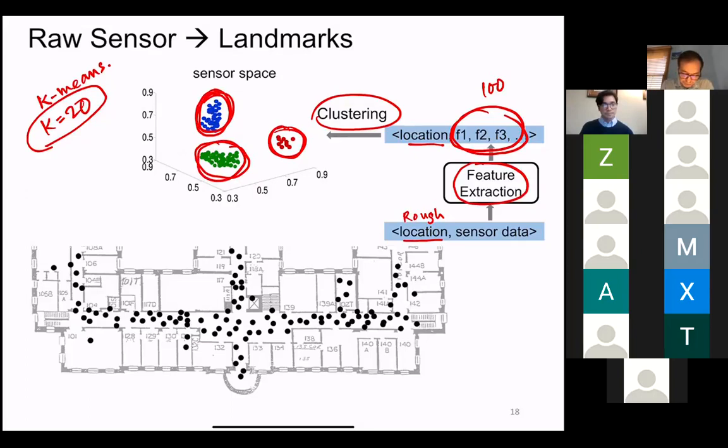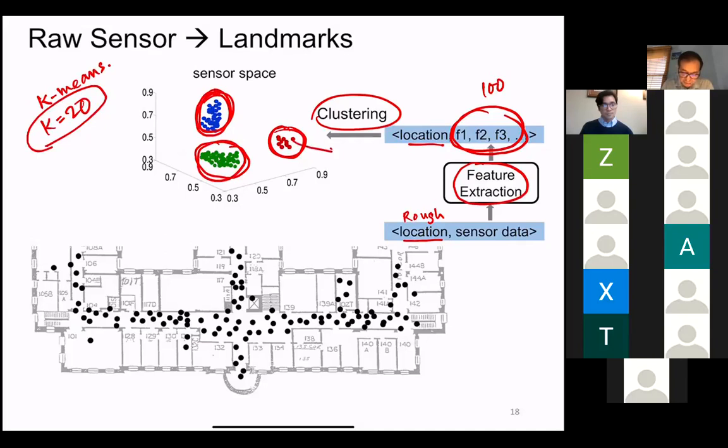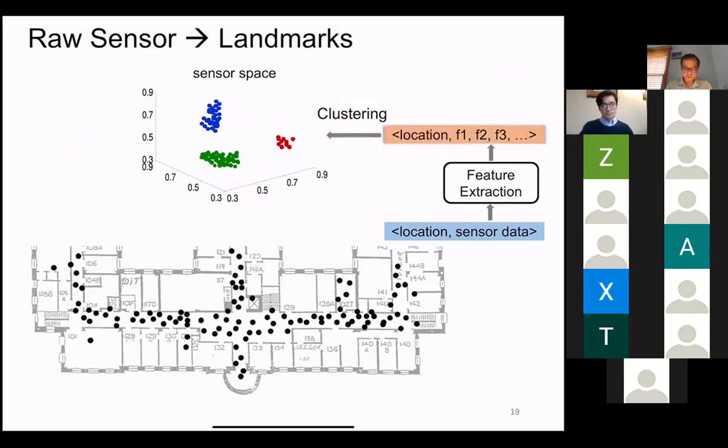Remember, each of the points in a cluster has a corresponding location associated with it. Because you're clustering in the feature space, but that point has a location. So this is what you do. You project those clusters back onto the physical space.